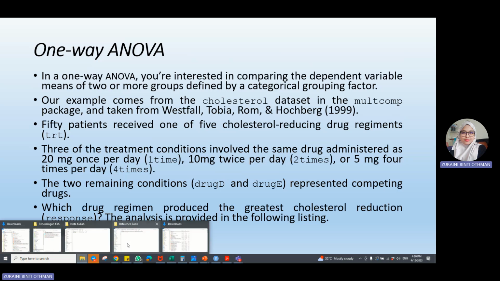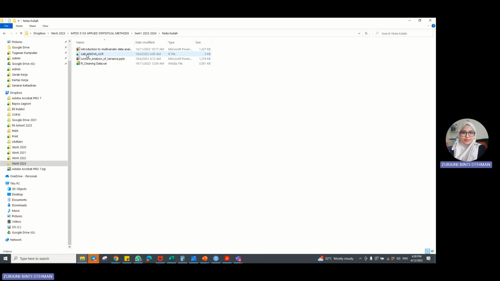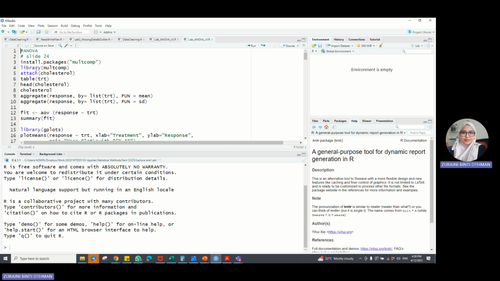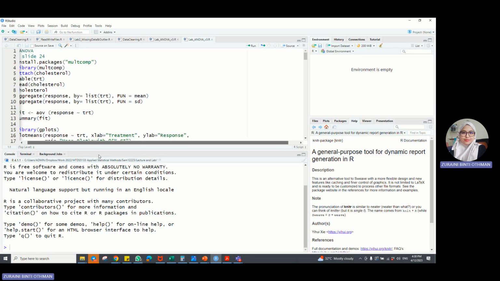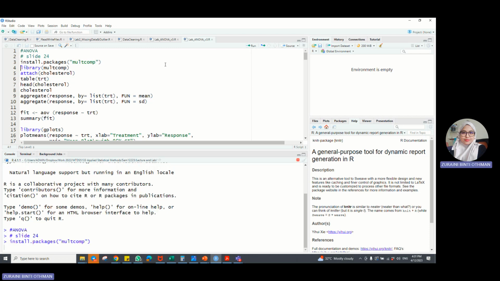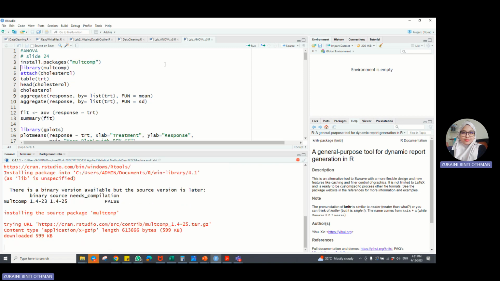In R, you have downloaded the lab ANOVA V3 file. Just double click and choose RStudio, and it's already in your script here. And here you may run this. First we have to run multcomp because the dataset is in multcomp. Let's wait a bit.